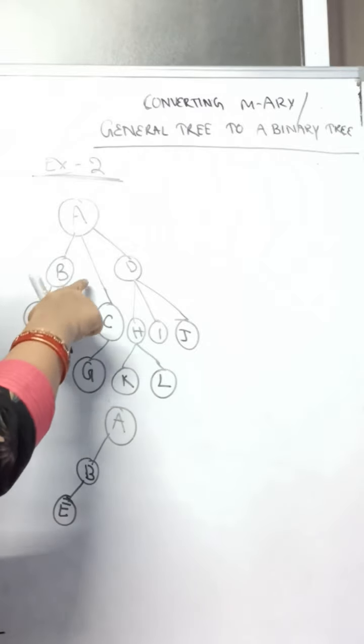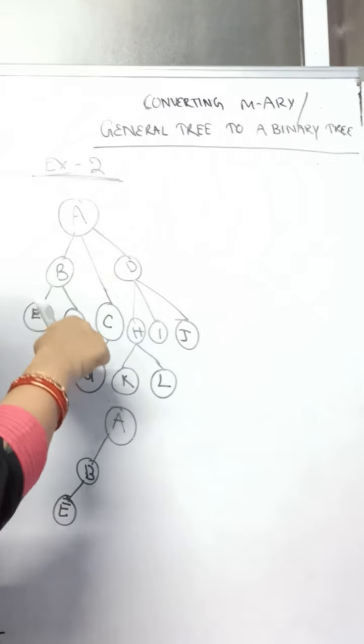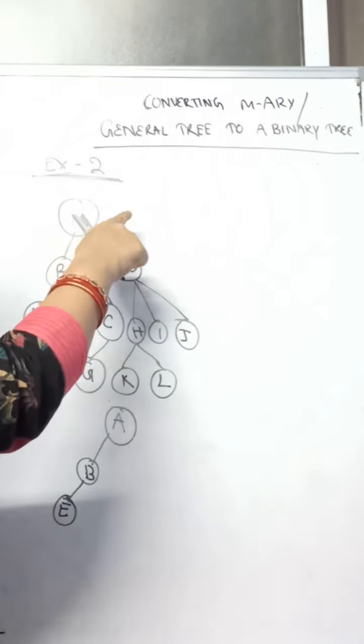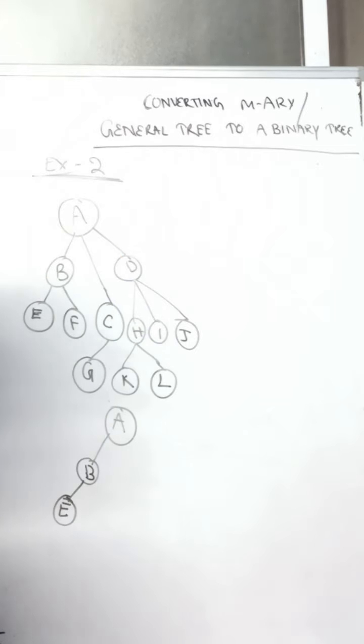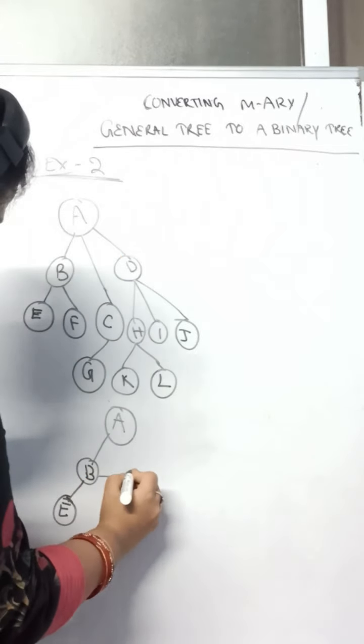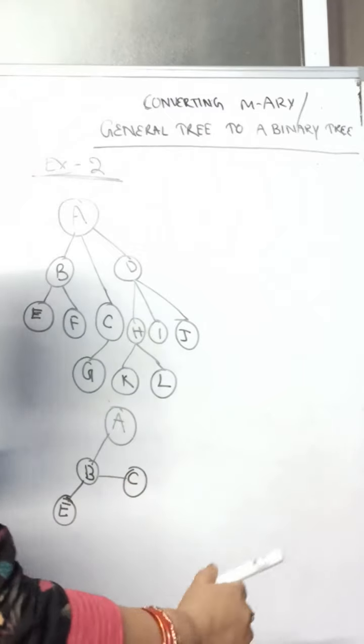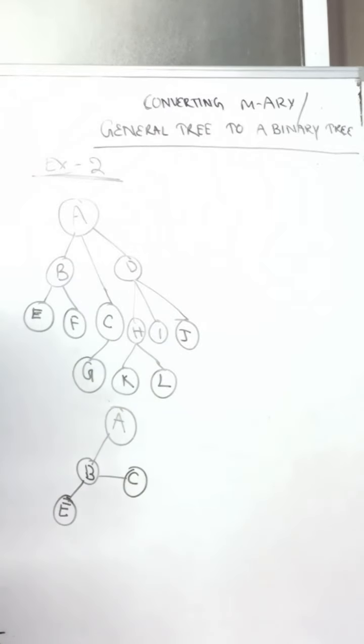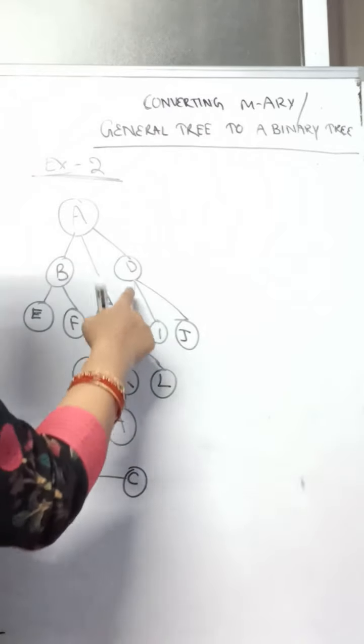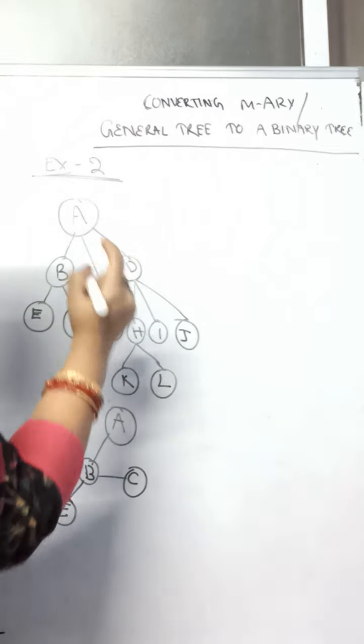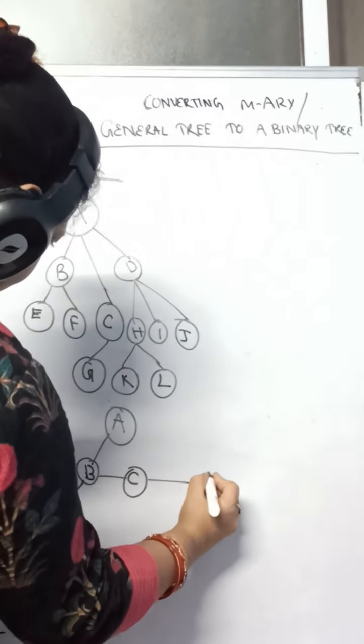Then this is C and this is D. So I have to just disconnect it. So C will be the right child of B, and again this C's right child will be D.